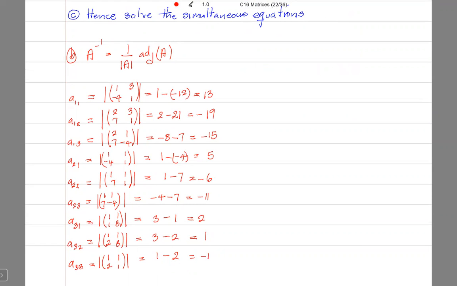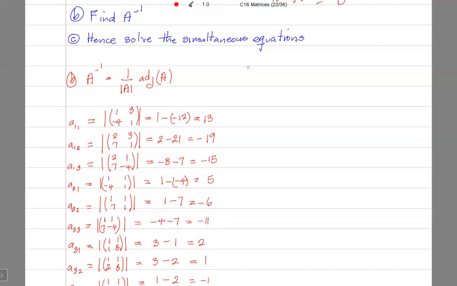So let's write the matrix of cofactors. Remember the sign convention: positive, negative, positive, negative, positive, negative, positive, negative, positive. So positive 13 is 13. Negative 19 is 19. And positive minus 15 is minus 15. Negative 5 is minus 5.